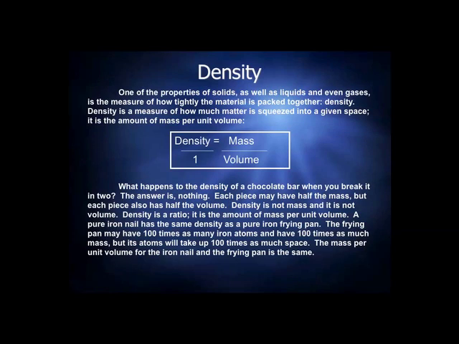So the last thing I need to go over with you is solving for the unknown. So for example, this is the formula you're going to use. Density over 1 equals mass over volume. So let's say I have a material, I have 100 grams is its mass. And its volume was 20 cubic centimeters.